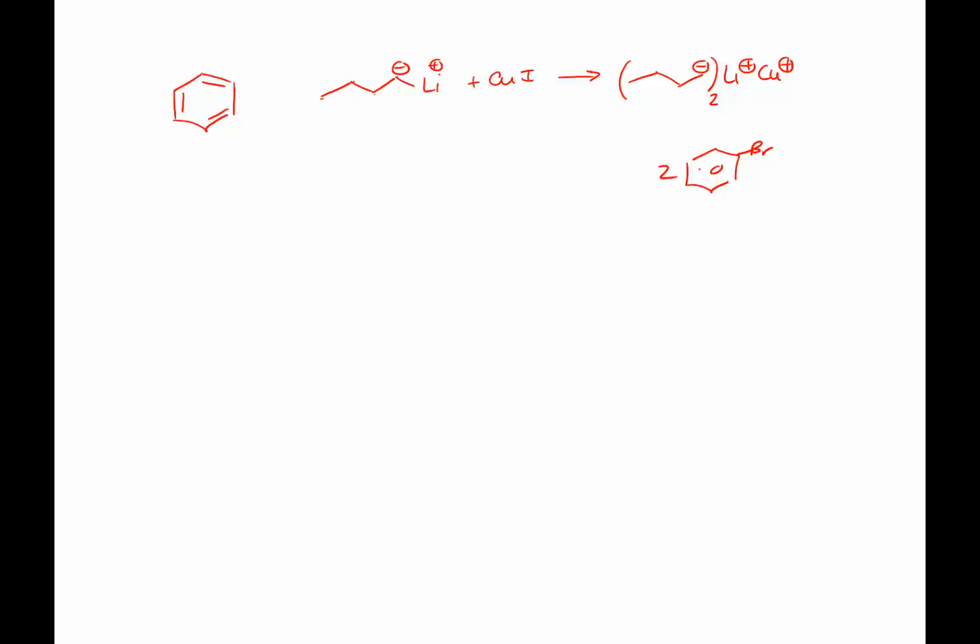Because now if I'm going to couple that reaction together, I'm just going to get the 4-carbon group added to the benzene ring, because those 2 alkyl groups are going to couple together using this lithium cuprate, or this is originally called the Gilman reagent.